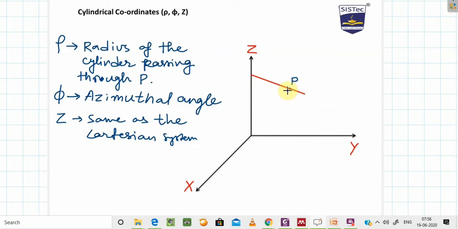Next, we will take the projection of this line on the xy plane. So let's say this is the projection of the line. Now we'll join this, and it should be parallel to the above one.